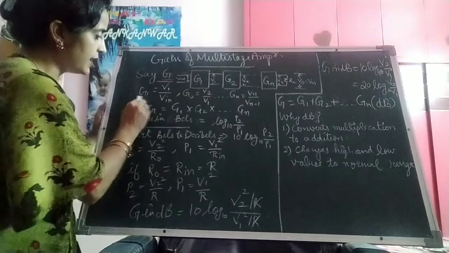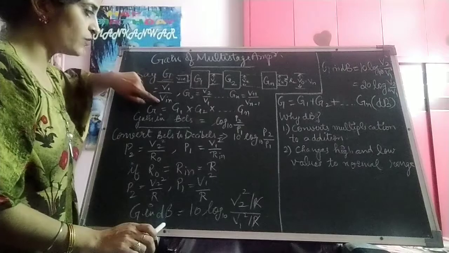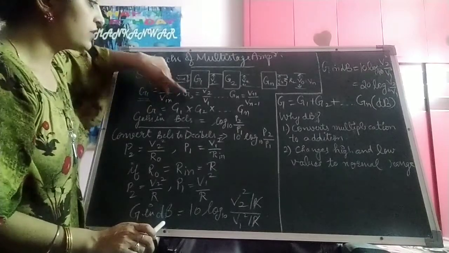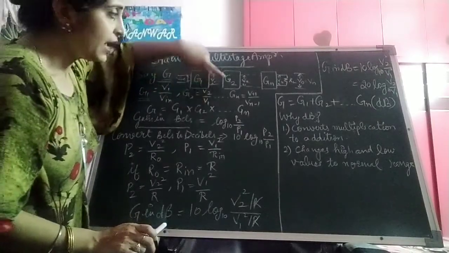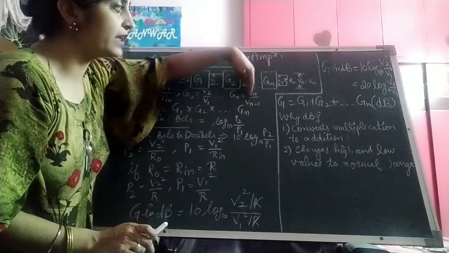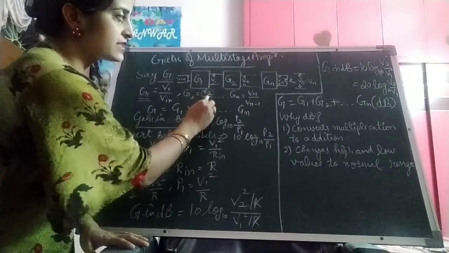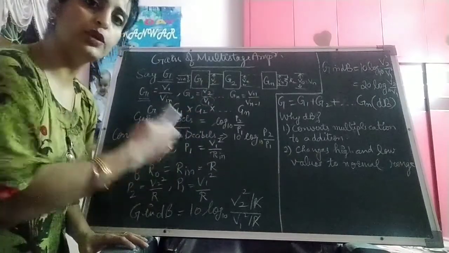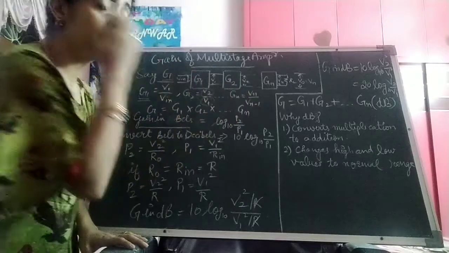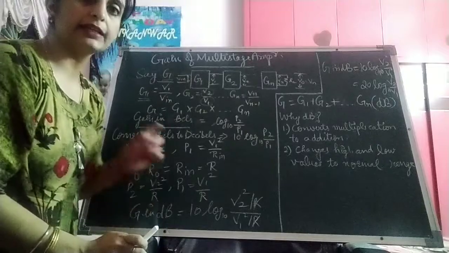So look here, this is G1. G1 means V1 divided by Vin. Then G2 is V2 by V1 and so on up to Gn, which will be Vn divided by Vn minus 1. Means the output of a stage divided by its input, that is, the previous stage's output, will be the gain of that particular stage.